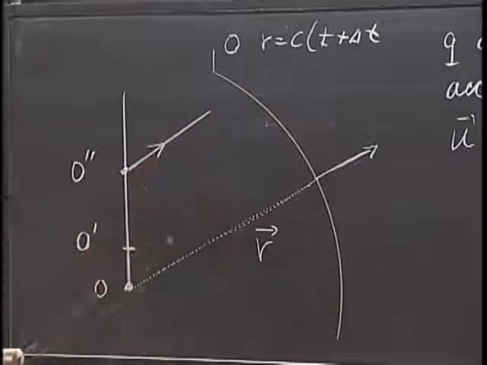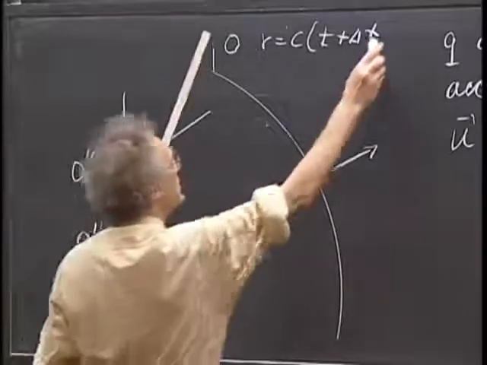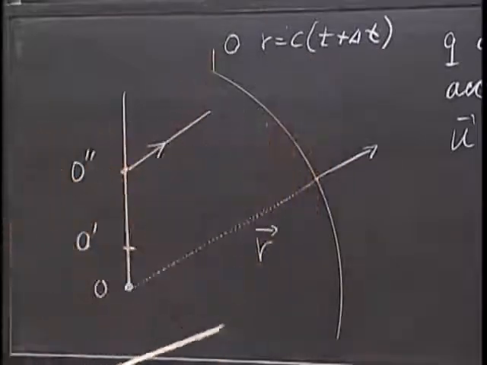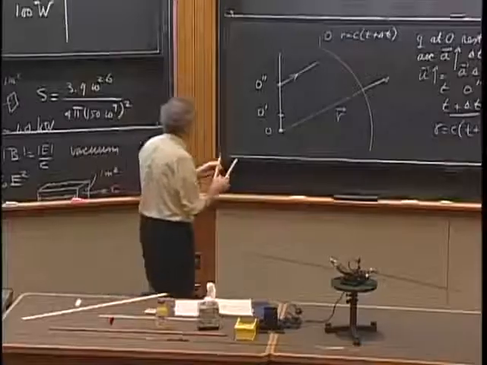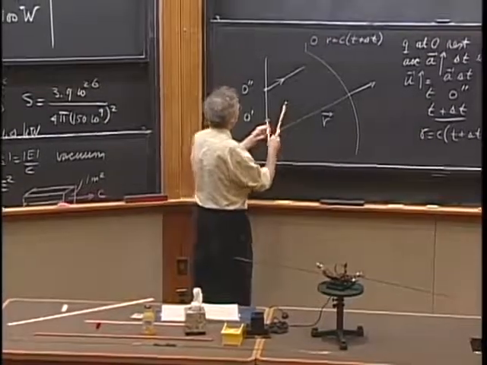And so that field line is now here, outwards. The world that knows about this is the world which has a sphere around O prime with a radius c times t. So I'm going to draw another circle, which in reality is a sphere, about point O prime.